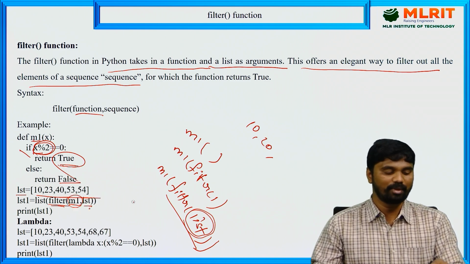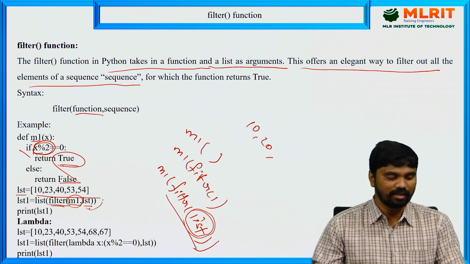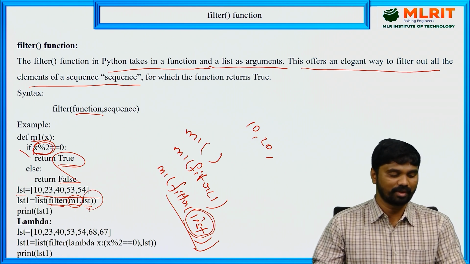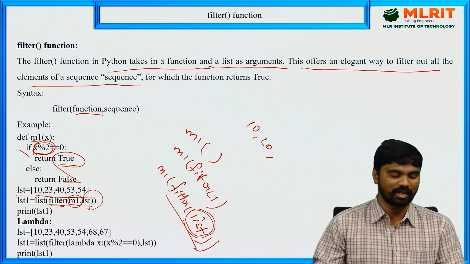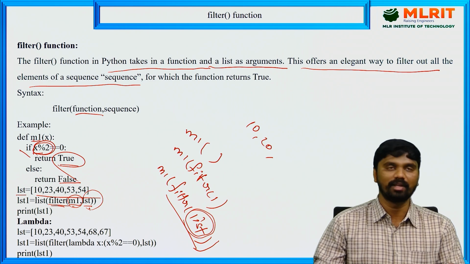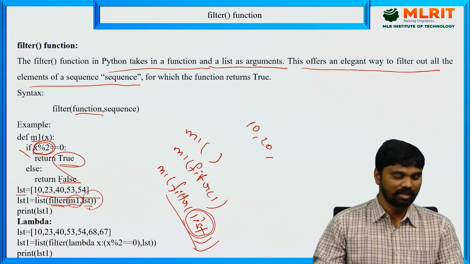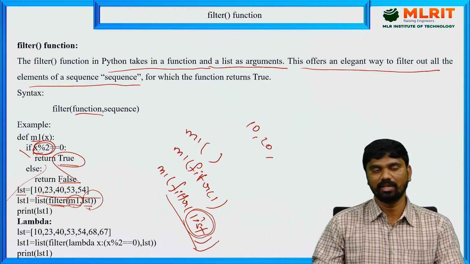What will happen? The elements in the lst variable are passed to the m1 function. First, the value 10: 10 modulus 2 equals 0, so it returns true.